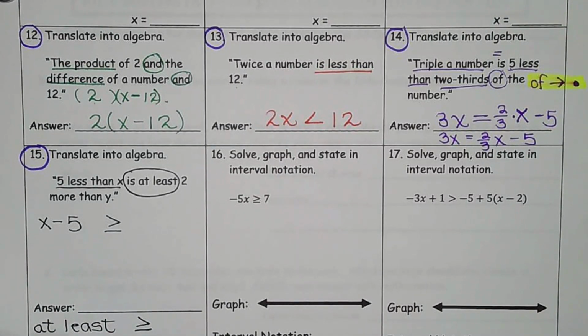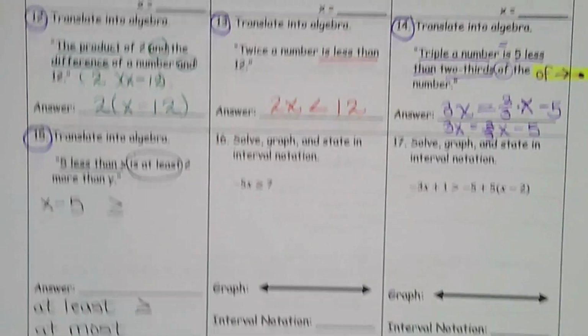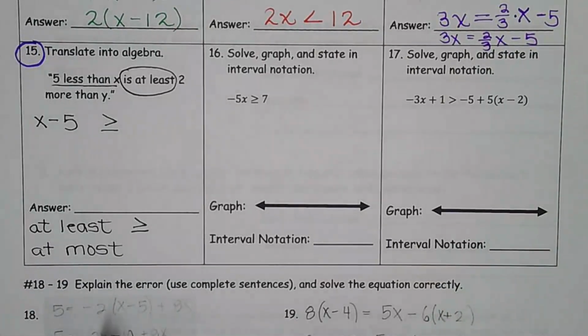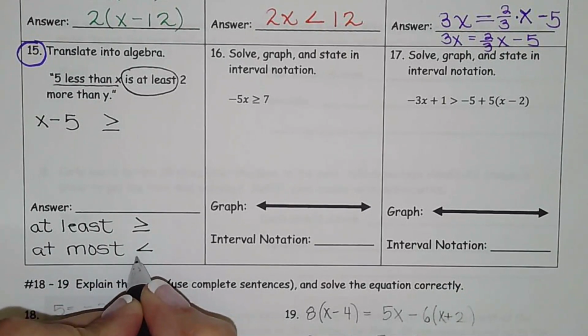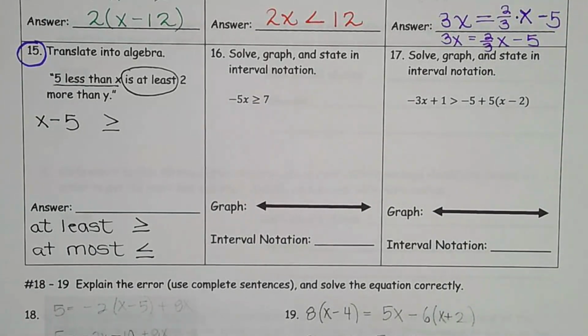At most, if I'm at most 30 years old, I'm 30 or I'm 29 or I'm 28. So at most would be less than or equal to, and you do have to put the equal, because at most means it could be equal to 30. Equal to 30 or less.